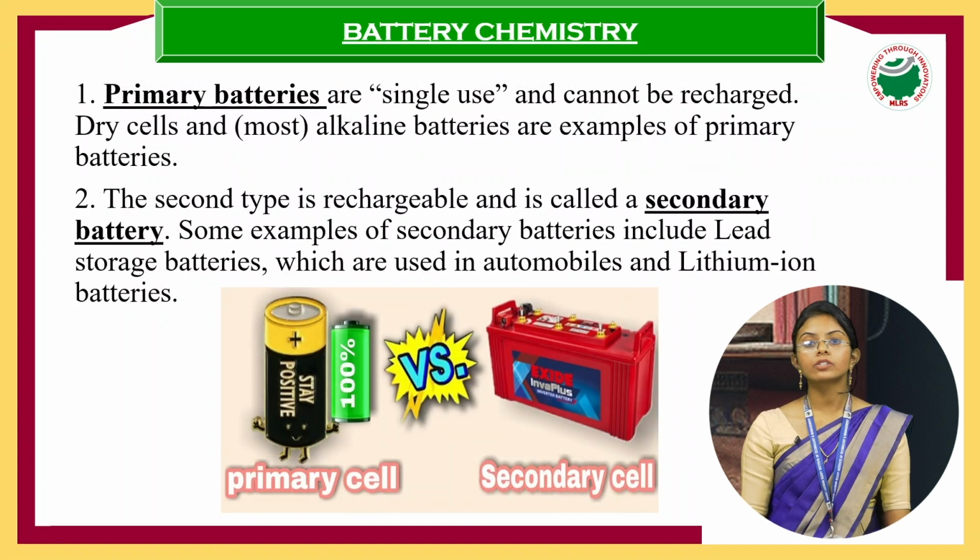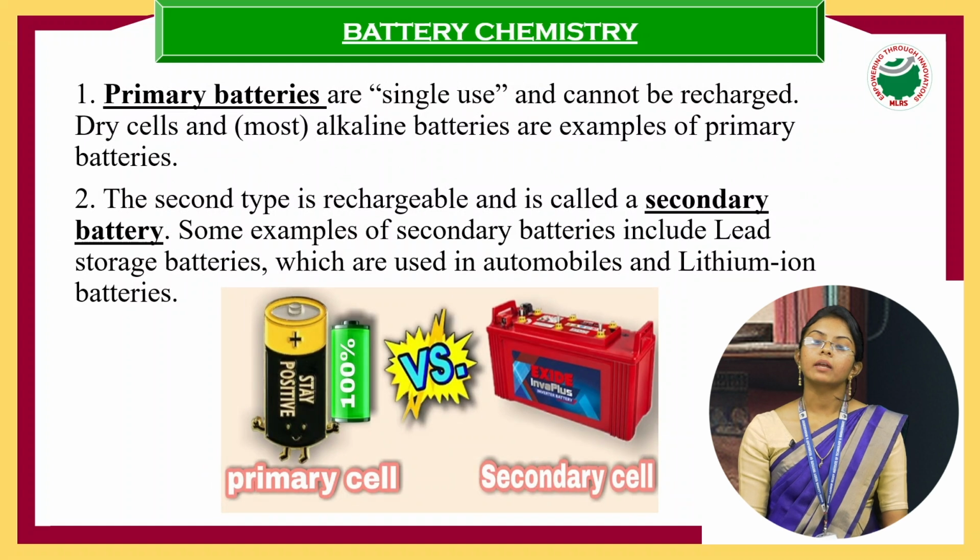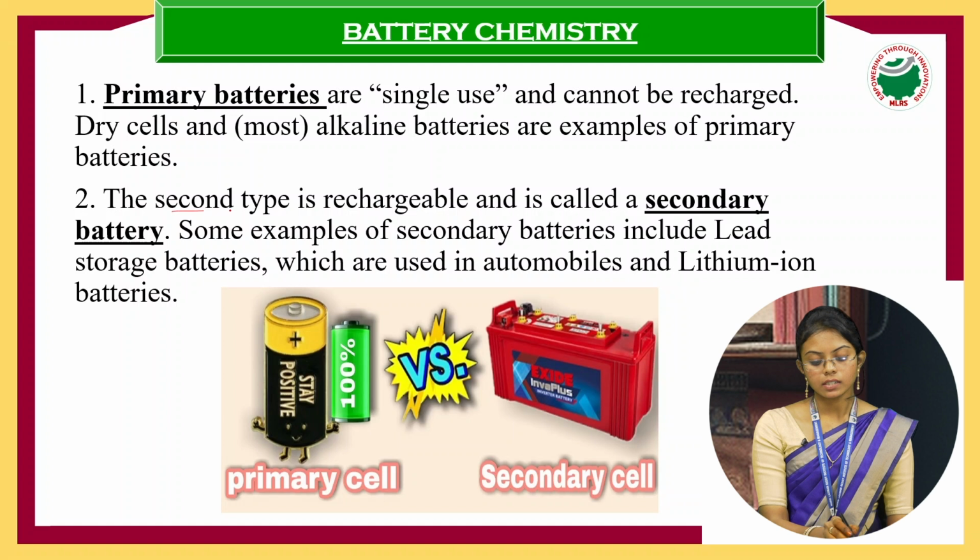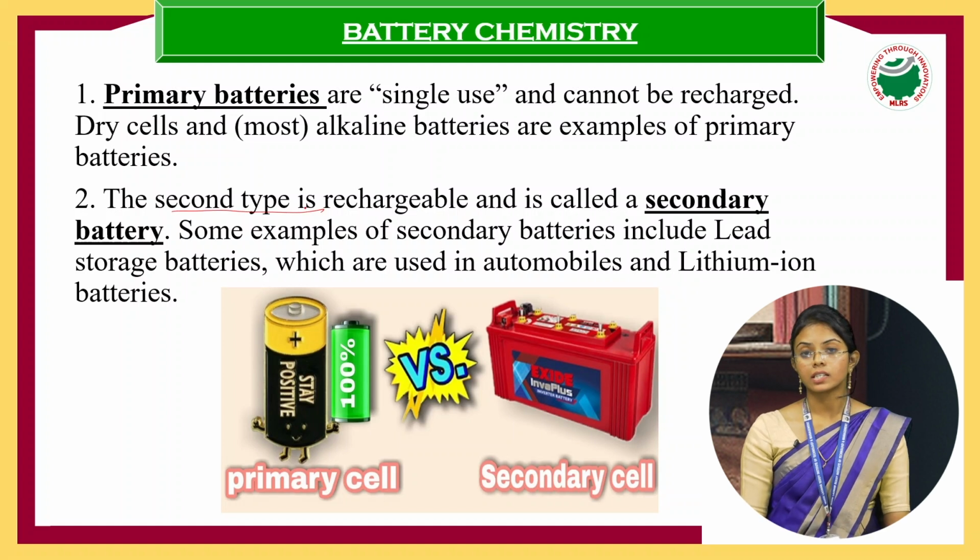Coming to the primary battery, primary battery cells are also known as non-rechargeable batteries. In simple terms, these batteries are for single use. The second type of battery is the secondary battery, which is a rechargeable battery.